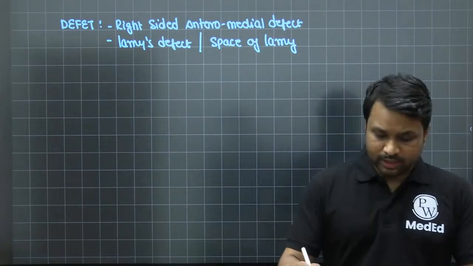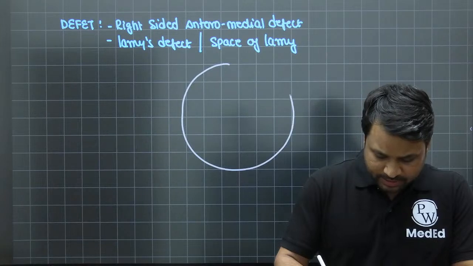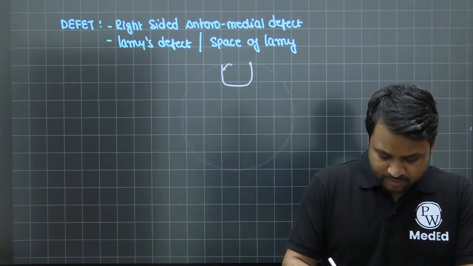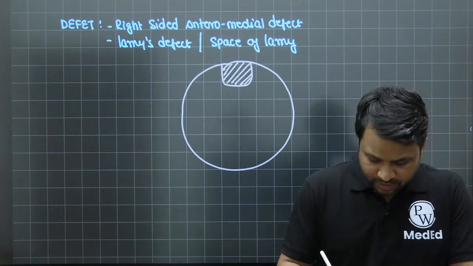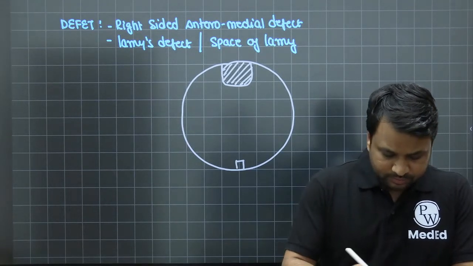Now, when you look at the whole component, same analogy that we're going to have. Let's say this is the representation of the diaphragm. Let's say this happens to be the vertebra which is present on the posterior half. Let's say this happens to be the sternum which is on the anterior half, right?